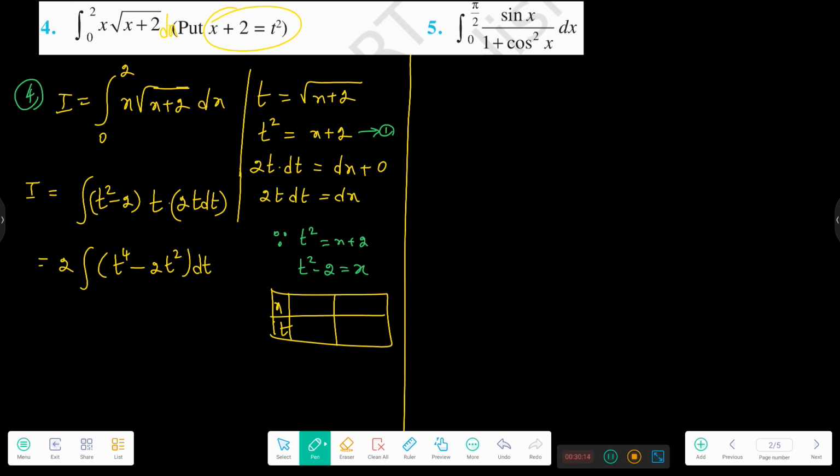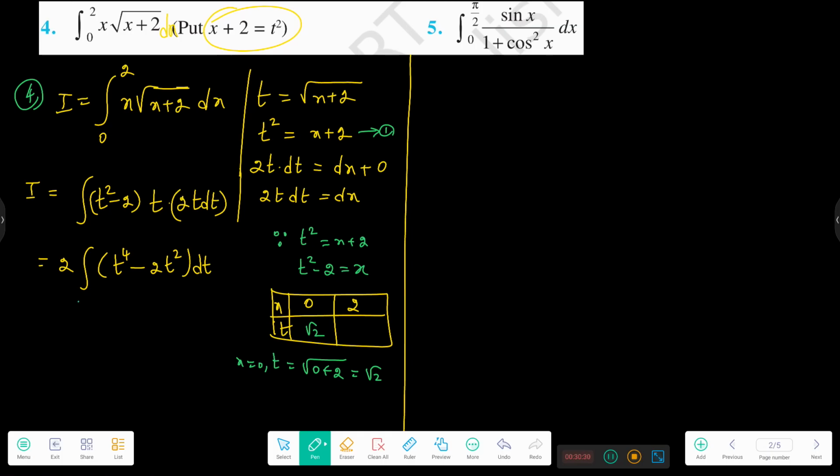x is 0 to 2. When x is 0, what is t? Square root of 0 plus 2, equal to root 2. So root 2 here.